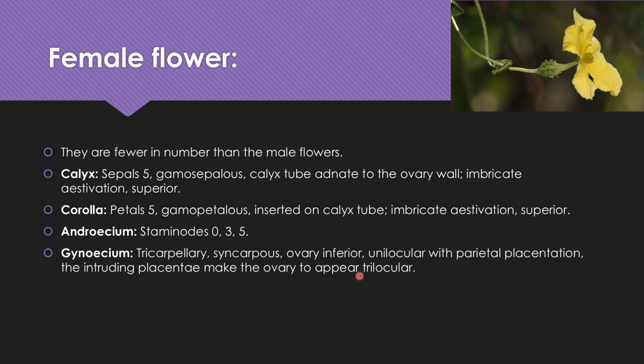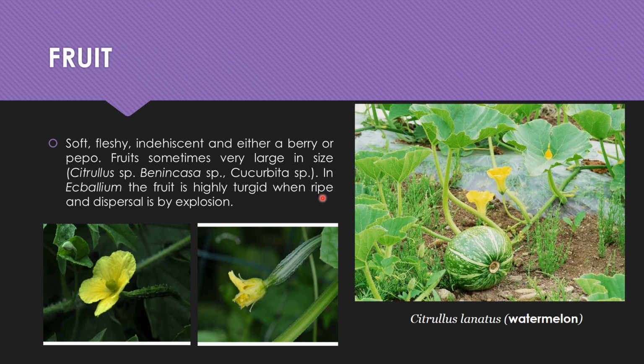The ovary appears trilocular. Fruits are soft, fleshy, indehiscent, either a berry or pepo. Fruits are sometimes very large in size, like in Citrullus, Benincasa or Cucurbita species. In Ecballium, the fruit is highly turgid when ripe and seed dispersal is by explosion.